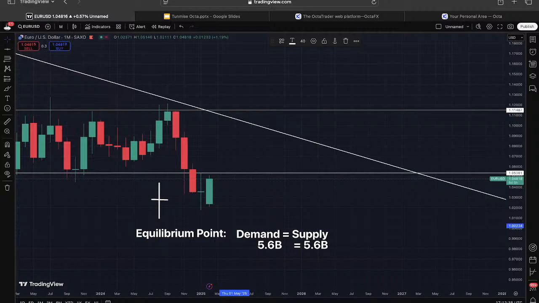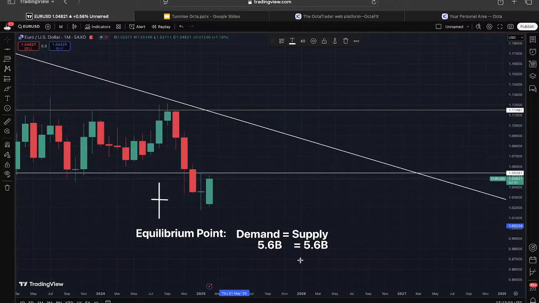But it is possible for demand and supply to have very close volume and figure, such that there will just be a thin line difference between them, okay? And that is what we can see playing out here.